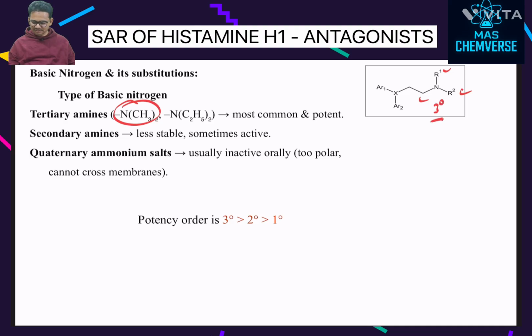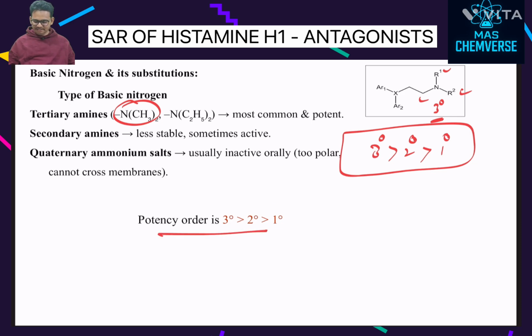That's why this nitrogen is called tertiary. Always remember that tertiary is more active than secondary, and secondary is more active than primary. Which one is more active? Tertiary. The potency order is as given: tertiary, then secondary, then primary.